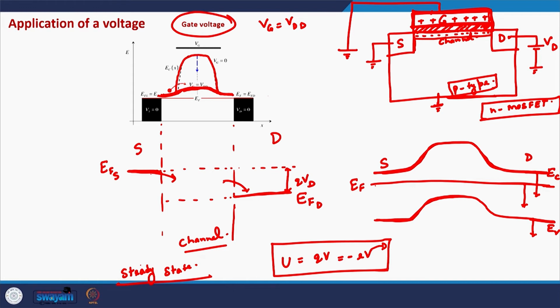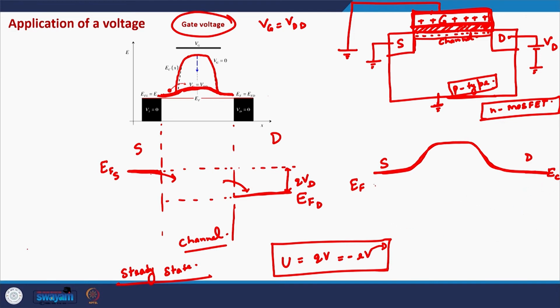So if we just have a look at the conduction band minima, on the source side things don't change, but on the drain side this goes down. Now this is the new conduction band minima of the drain terminal.